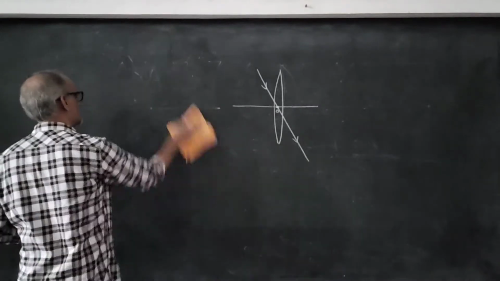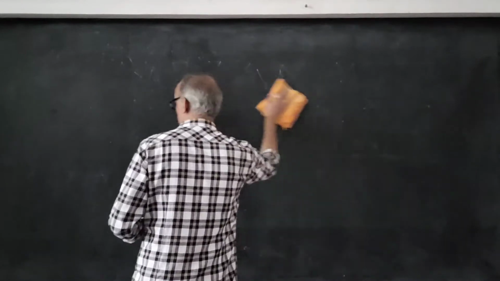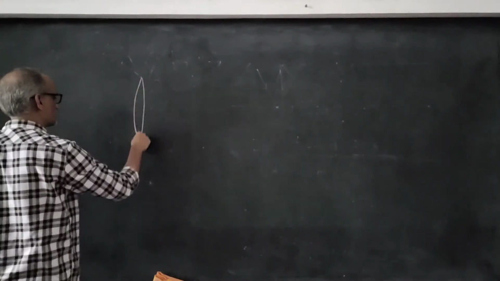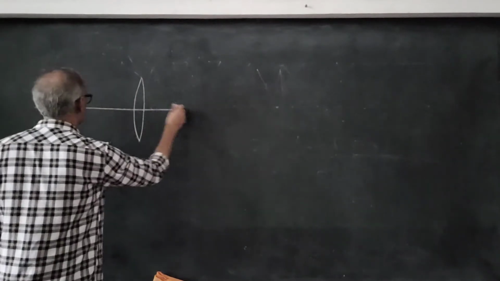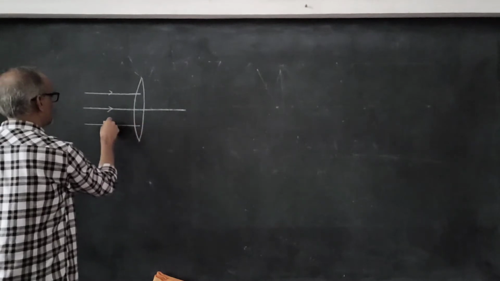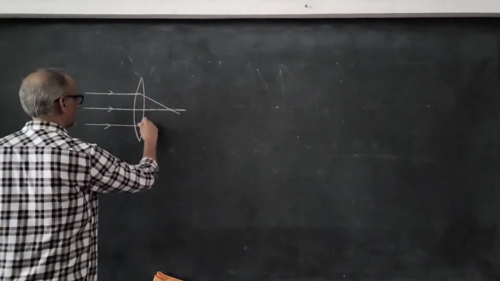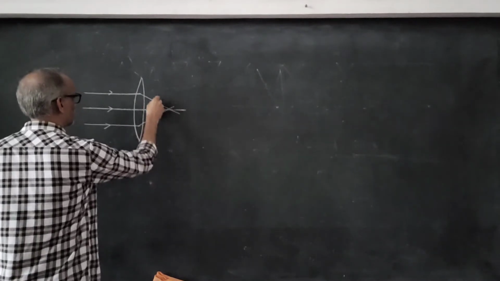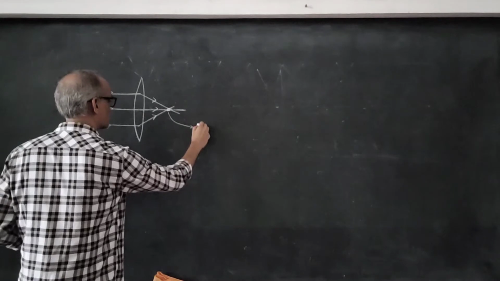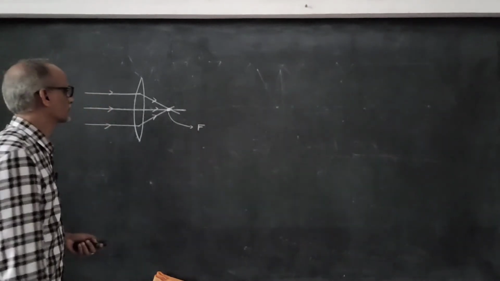If I consider a parallel beam which is allowed to fall on a convex lens, so this is the convex lens, this is the principal axis, after the refraction, they all converge to a particular point, and this particular point is called principal focus.